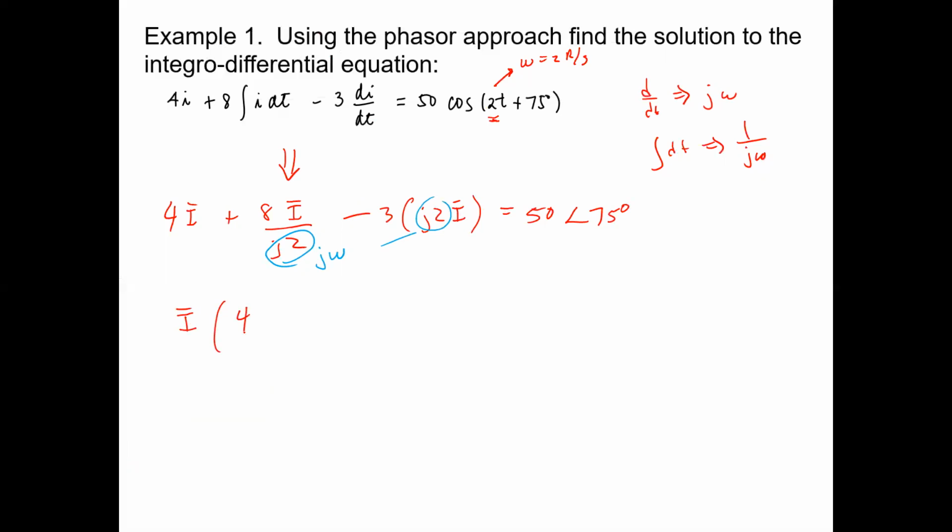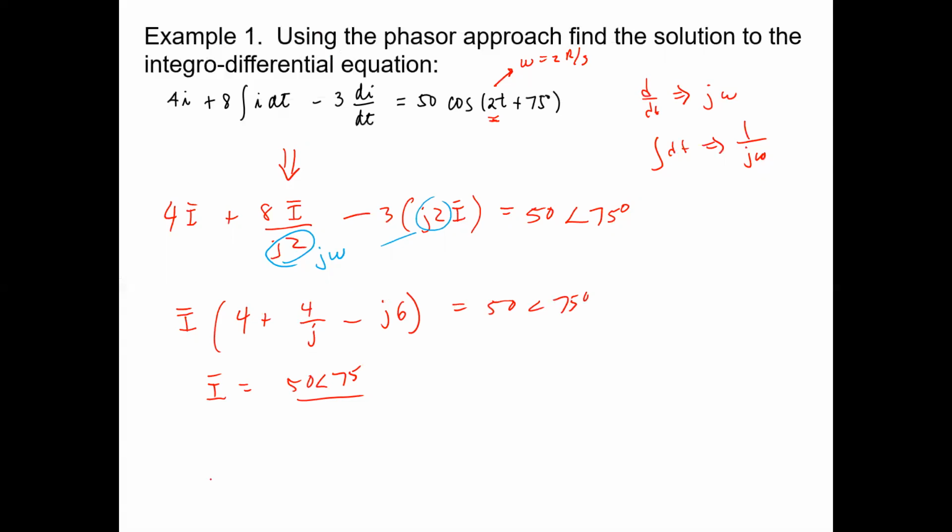It's going to be 4 plus 4 over j minus j6 equals 50 angle 75 degrees. And then phasor I is just going to equal 50 angle 75 divided by that.